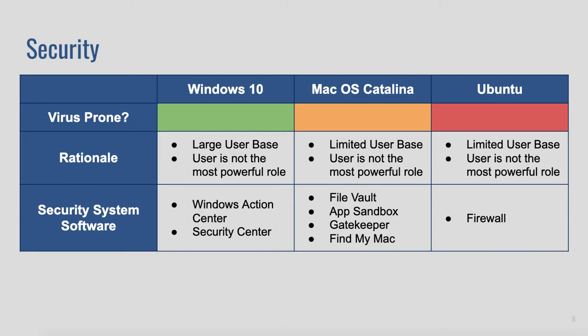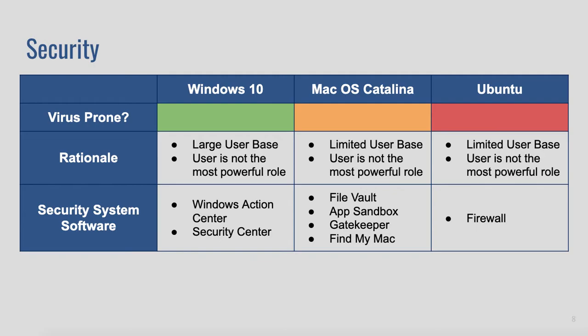When we're talking virus likelihood or how virus prone an operating system is, the real answer to that is if there is a large user base, e.g. lots of people around the world are using that operating system, then it's beneficial for a hacker to create a virus for that operating system.